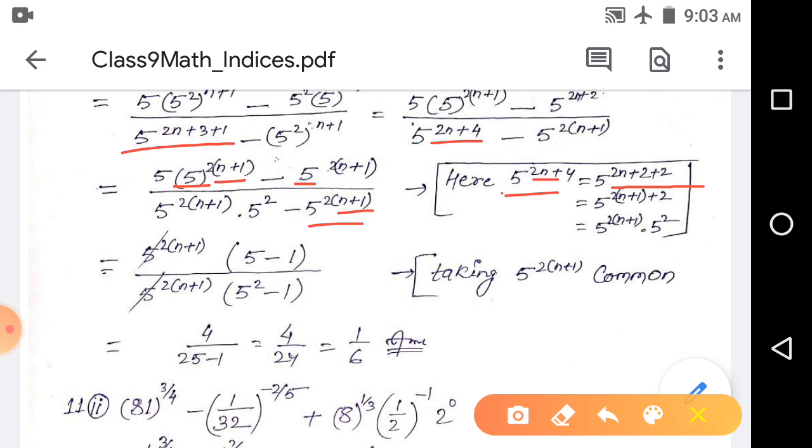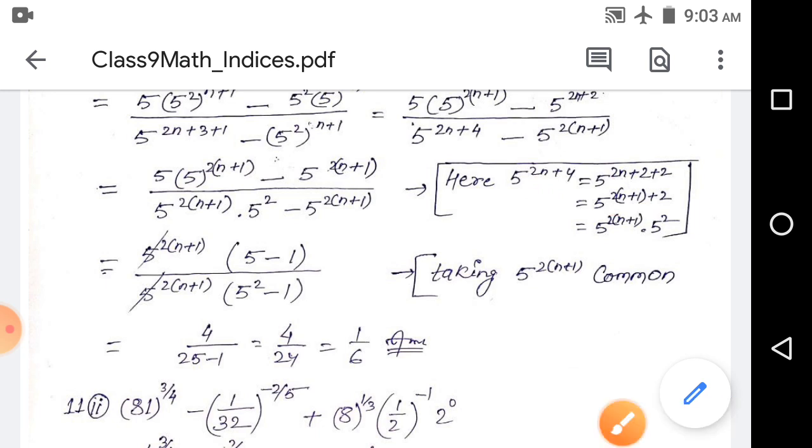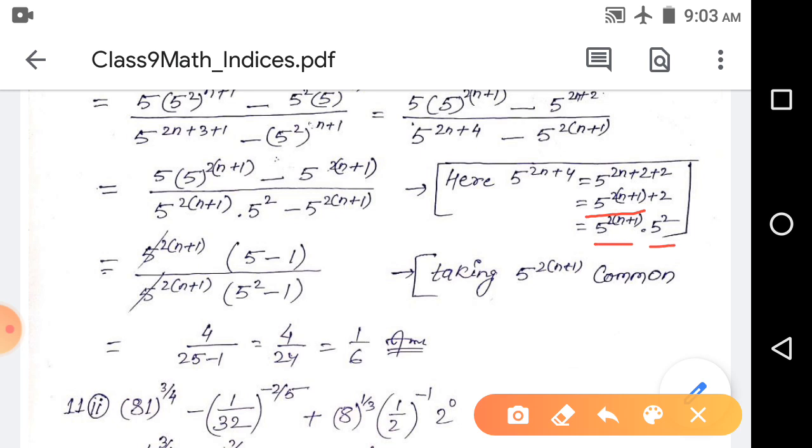So from those first two terms we can take 2 as common, so it becomes 5 whole 2n plus 1 plus 2, and as powers are added, we can write here 5 to the power 2n plus 1 and 5 to the power 2, because the powers are added, so that is what we have replaced here.